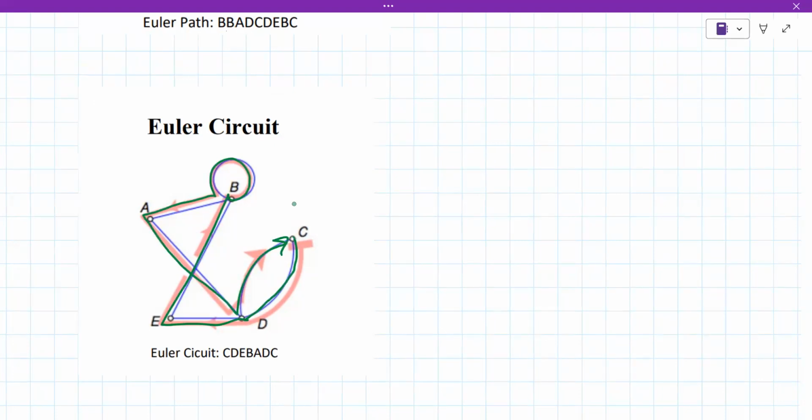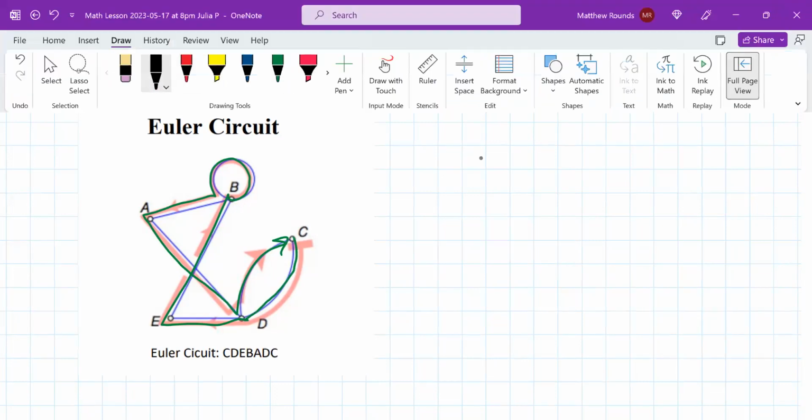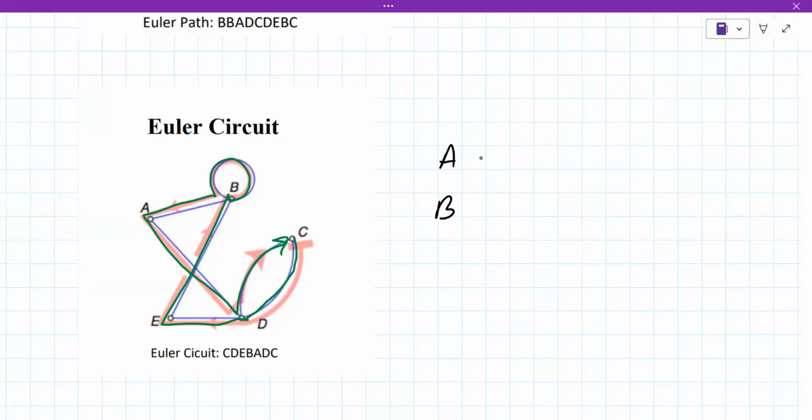Now we can do the same thing, labeling A, B, C, D, and E. A has 2, it's obviously even. B has the right, the left, this one, and this one, that's 4, that's even. C has 2.